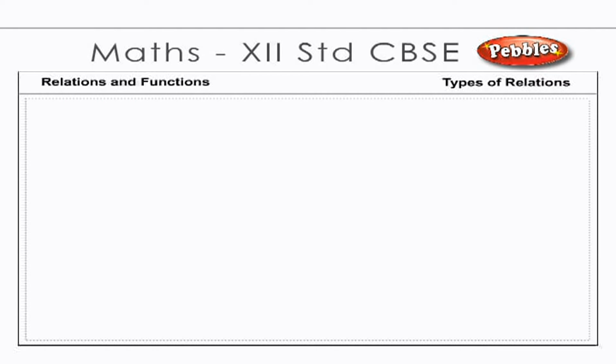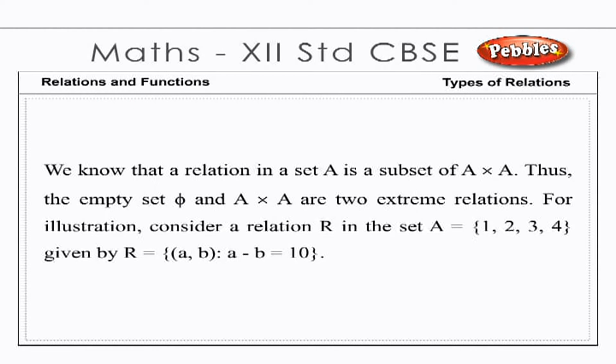Types of relations. We know that a relation in a set A is a subset of A cross A. Thus, the empty set phi and A cross A are two extreme relations.